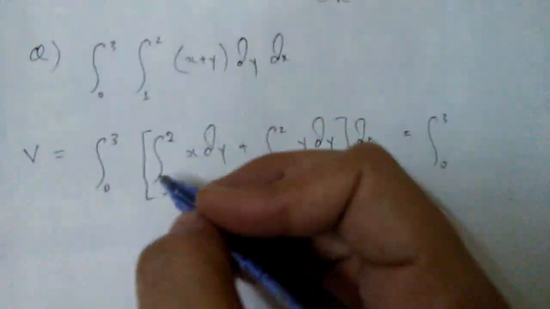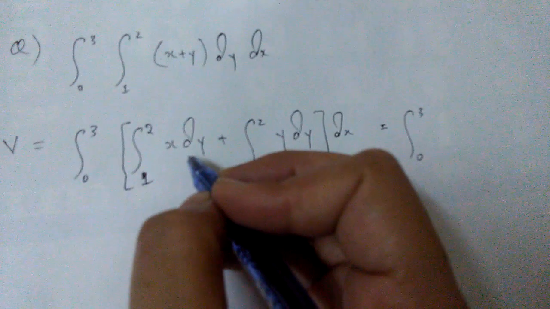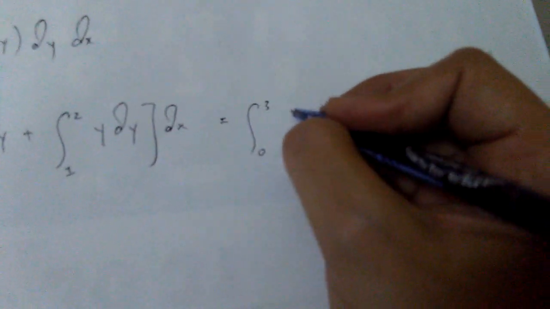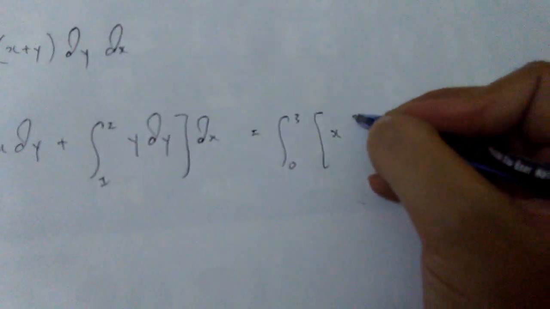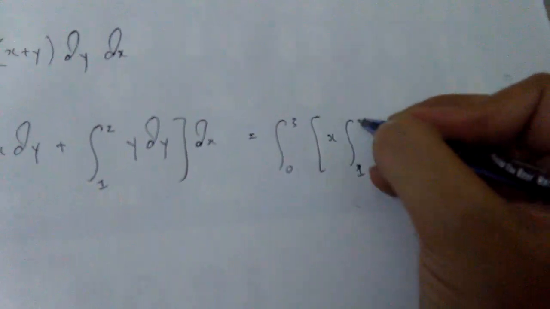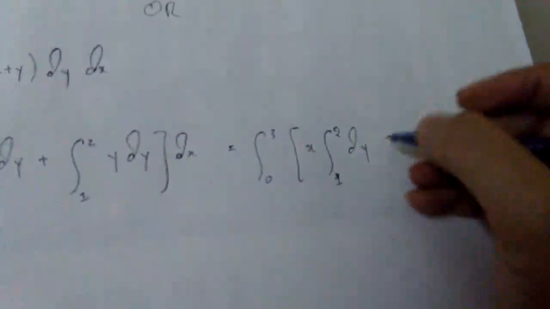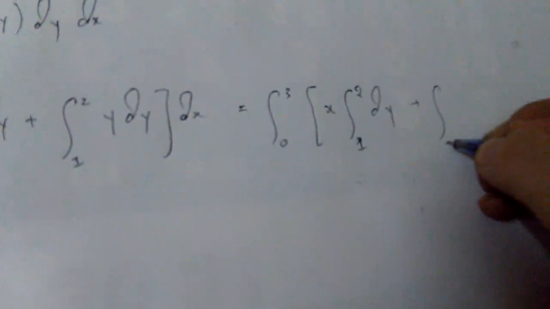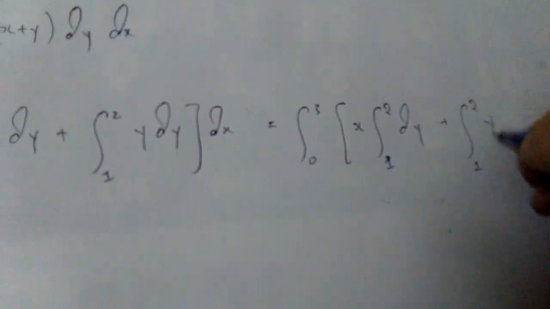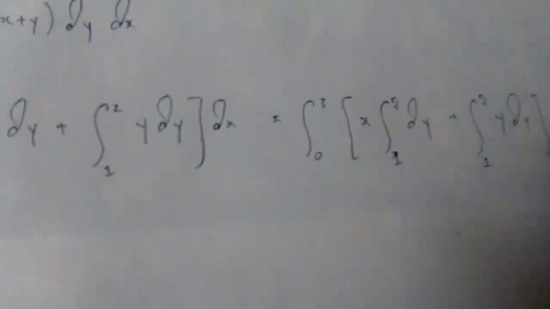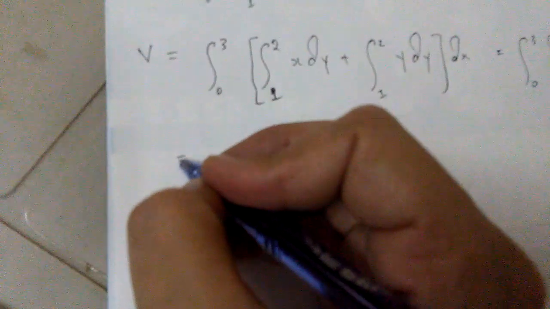So x is a constant right now, so simply it is written outside the integral.